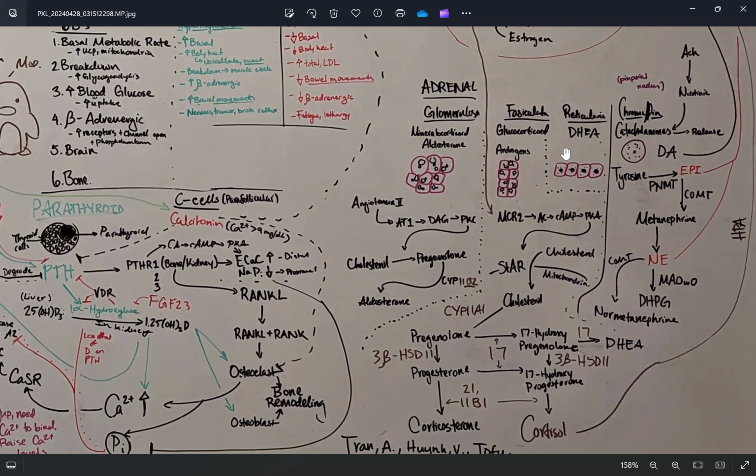If you remember from FOM4, angiotensin 2 activates the angiotensin 1 receptor, which increases DAG, increases PKC, which will cause synthesis of cholesterol to pregnenolone. Then you use CYP11B2 instead of B1 to make aldosterone, and then aldosterone will do its various effects.